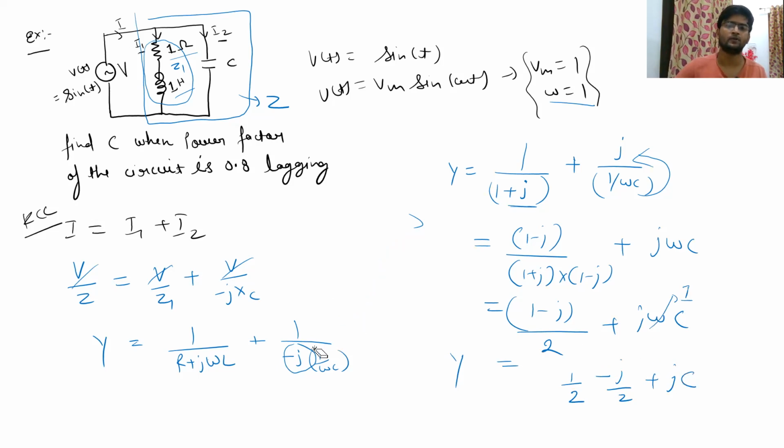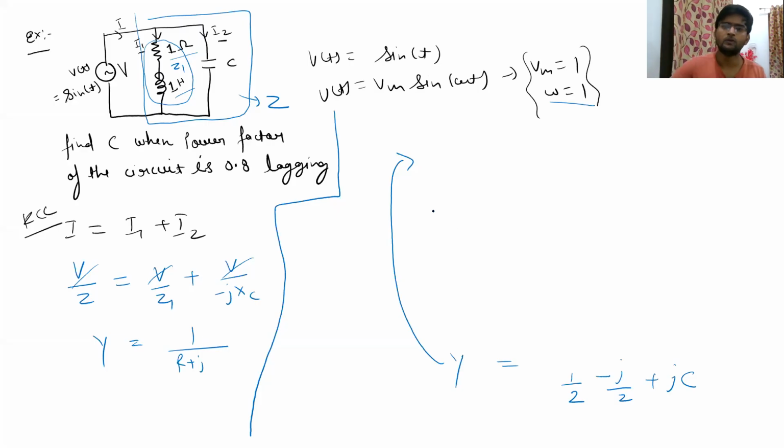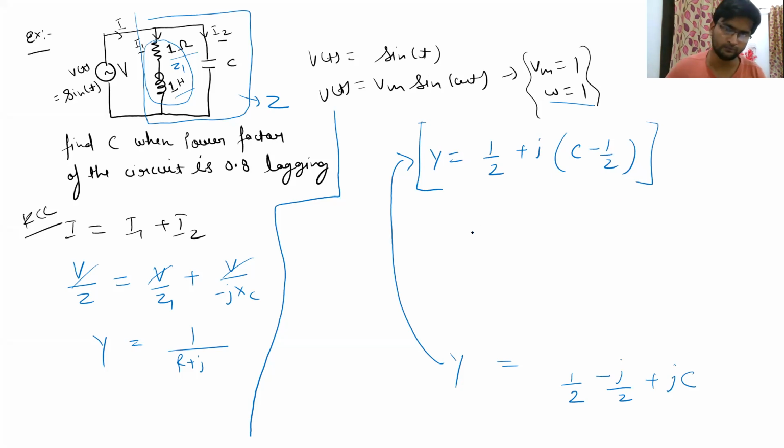Okay, so let me quickly clear this. So from here we will get y is equal to 1 by 2 plus j. If we take common, we will have c minus 1 by 2. So this is the equation of your admittance function.